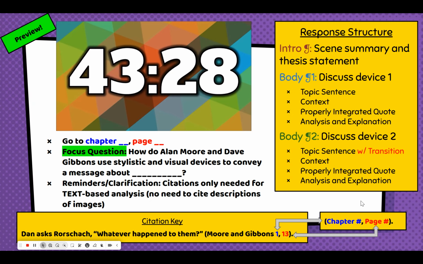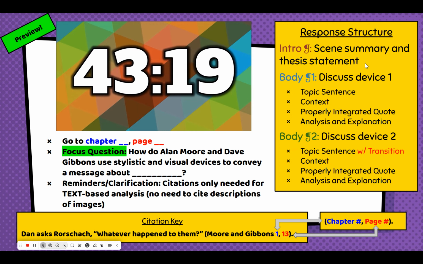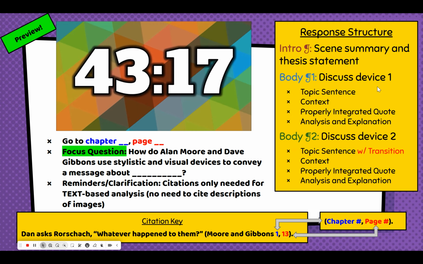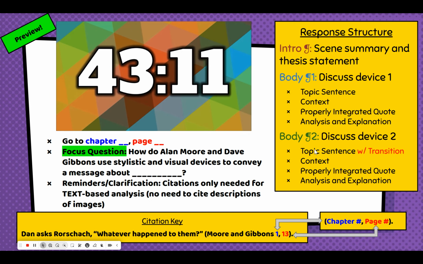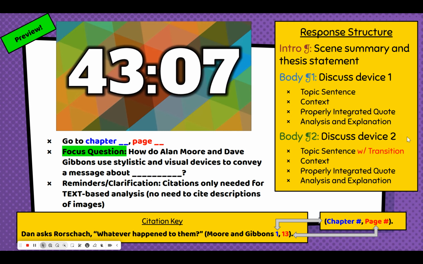And just like all your other timed writings, you're expected to produce at least 3 paragraphs. Your introduction paragraph, which summarizes the scene and gives a thesis statement, 1 body paragraph to talk about the use of one device. You can do that like all about the text. And then a second body paragraph with a transition to talk about a second device, which if you wanted to, you can make that second body paragraph the visual device.